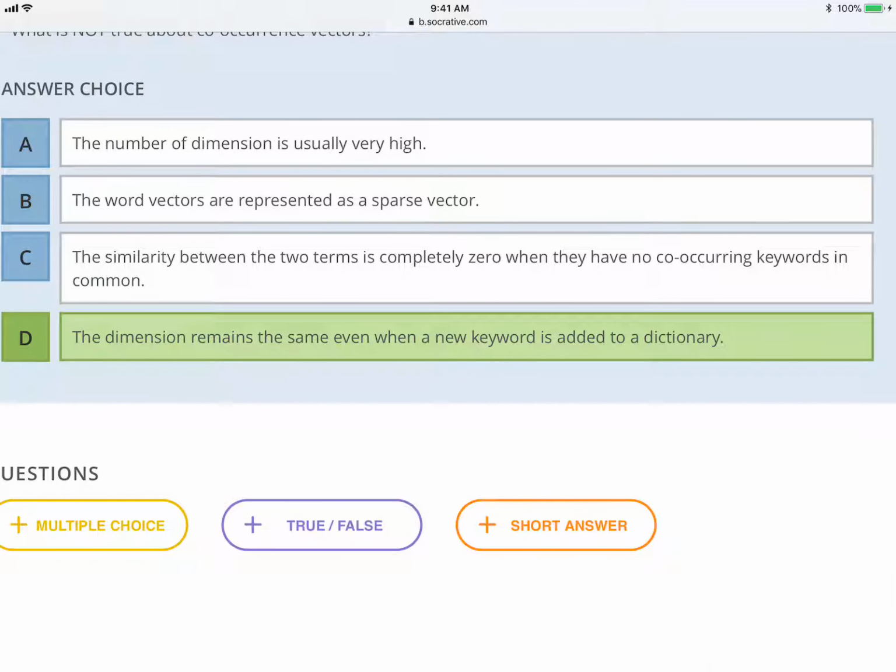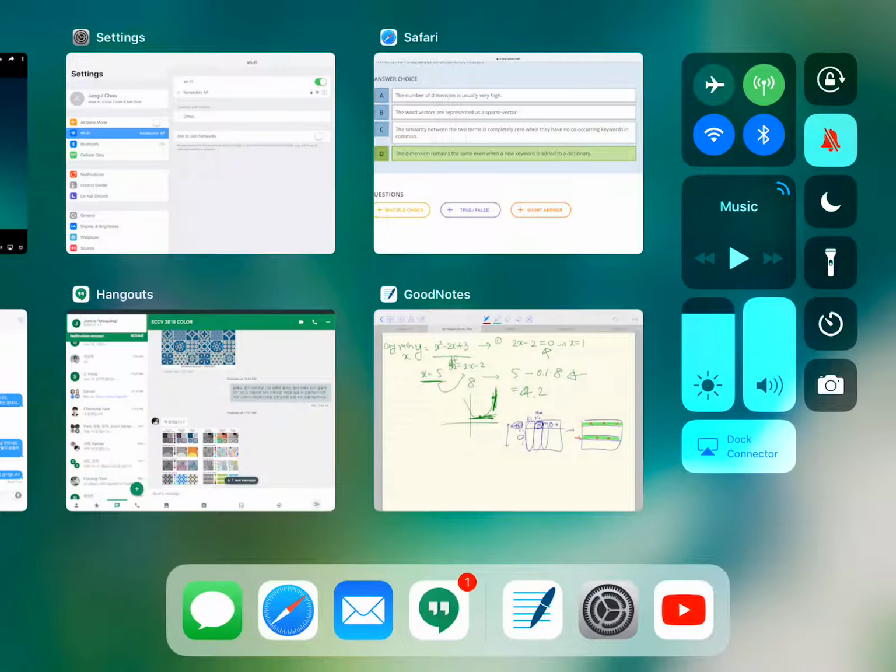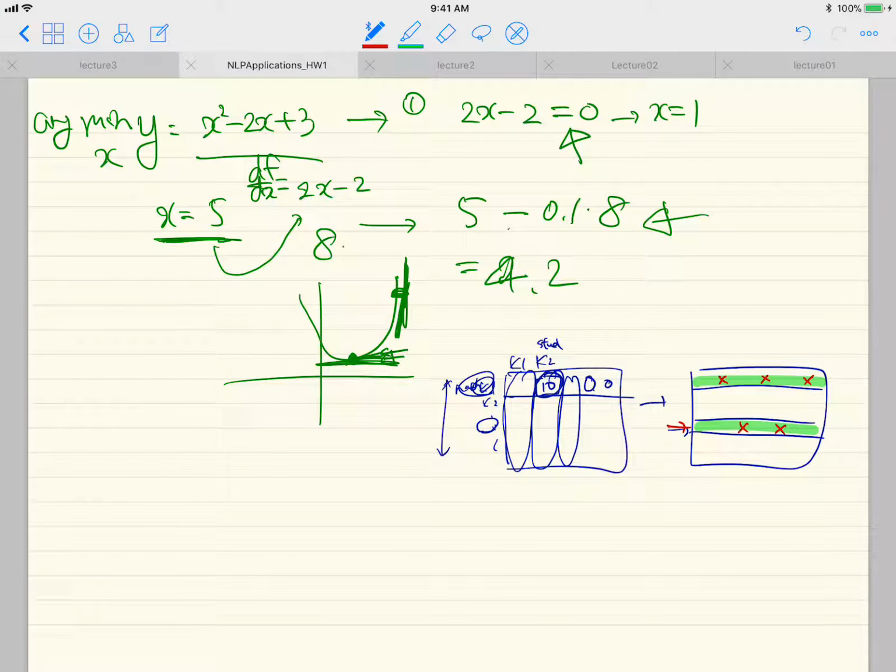The dimension remains the same when the new keyword is added to a dictionary. So when a new keyword is added to our vocabulary, suppose we have maybe 3 keywords in our vocabulary, and we embedded them into 100 dimensional space. But suppose later on we had a fourth newly added term, and we want to obtain the word embedding for this fourth term.